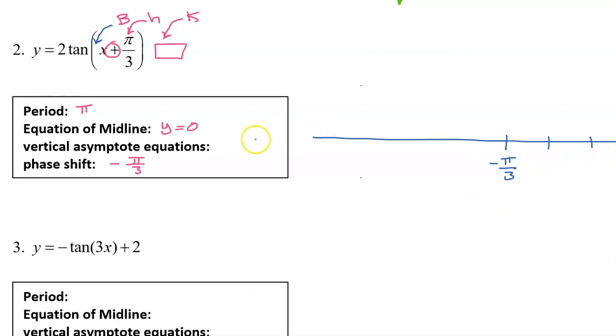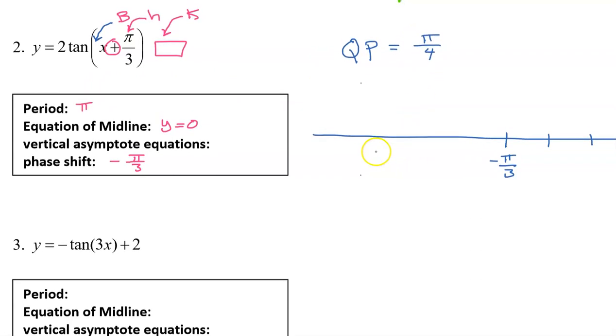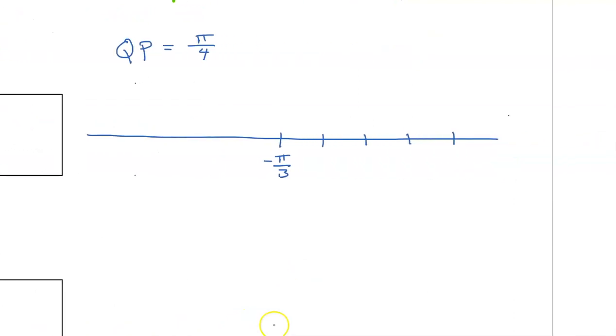Now I need to label these values with a quarter of the period. Since the period is pi, that tells me that a quarter period, which is the period divided by 4, is pi over 4. So to get the next value on the number line, I should be able to take my phase shift and add pi over 4. I'm adding a quarter of the period. However, I need like denominators. So I'm going to have to rewrite both of these as multiples of 12.